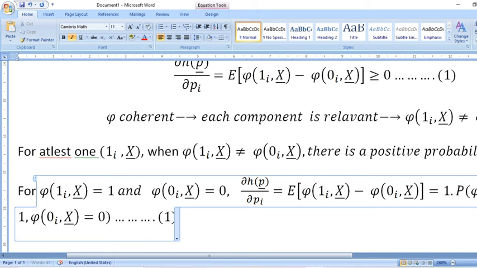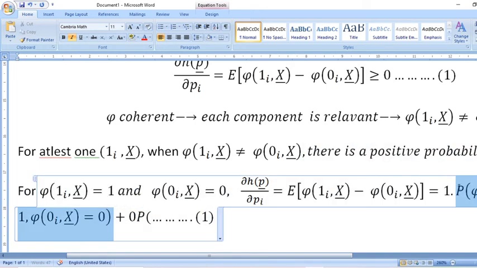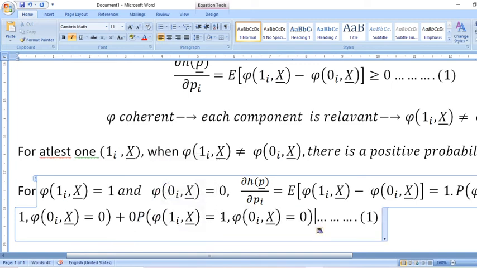Okay, so that is an event, plus 0 into probability of either both being 1, because in this case the difference will be 0, and one more case is there.